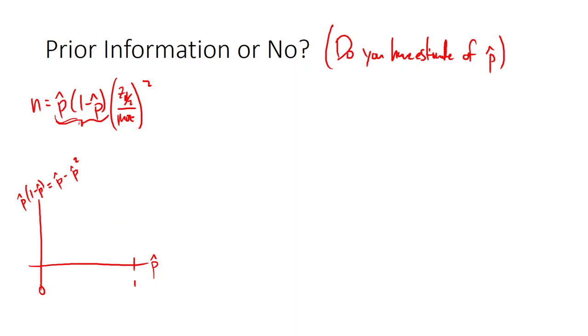The point is a quadratic is shaped kind of like a bowl. It either opens up or opens down. This is a quadratic that opens down, which means it has a vertex, a maximum value. If you graph this thing, it would look something like that. And what you'd find is that this thing maxes out when p hat is 50%. So the most variability you can have when you're sampling for proportions is when you have a 50-50 split. That margin of error is going to max out at a population with a 50-50 split.